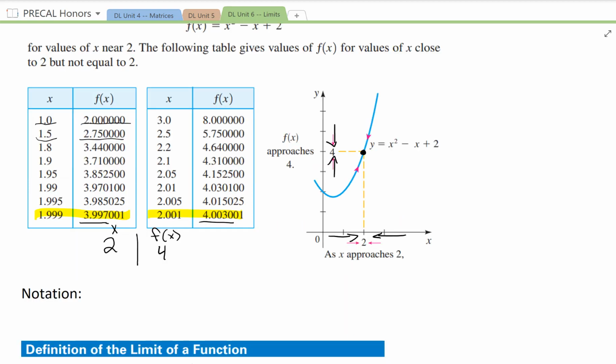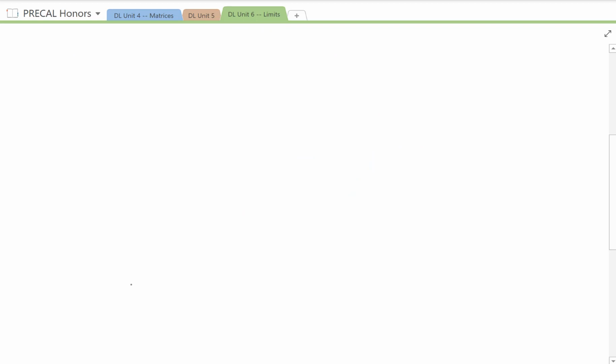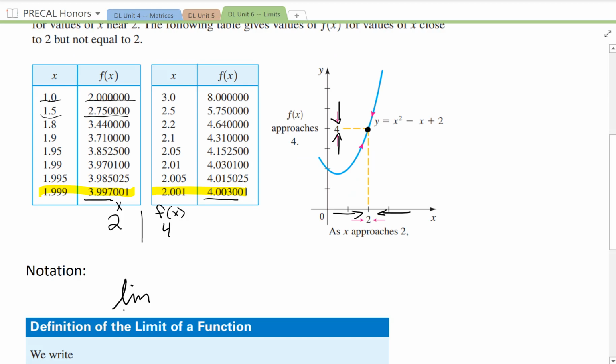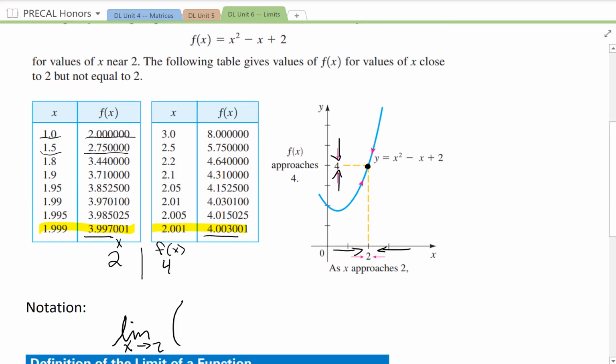The notation for this is the limit as x approaches 2 of this function, x squared minus x plus 2, is equal to 4.